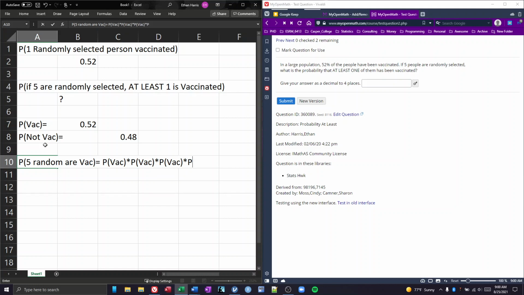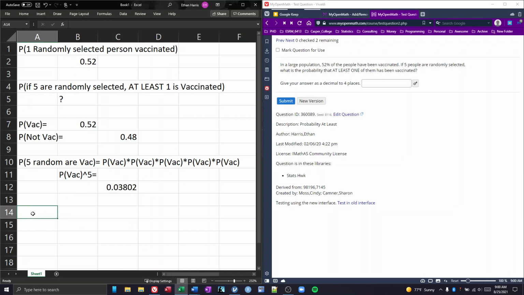We're going to do this 5 times. 1, 2, 3, 4, 5. Or we could also just say then that's equal to the probability of vaccinated raised to the power of 5. Same thing. And let's see what we get with that. That's the probability that we get 5 people and all of them are vaccinated. Okay, that's not quite what we want. Let's hold on to that real quick.